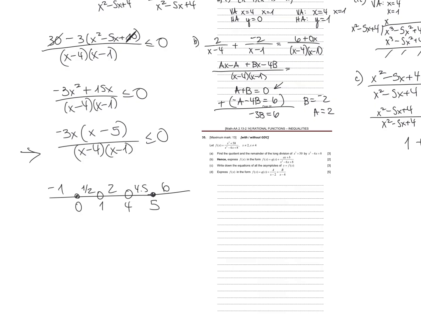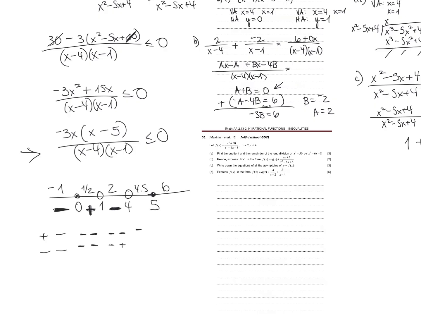So we're going to have a positive times a negative over a negative times a negative. So this is going to be a negative. 1/2: negative, negative, negative, negative. So positive here. 2: negative, negative, negative, positive. So this is negative.